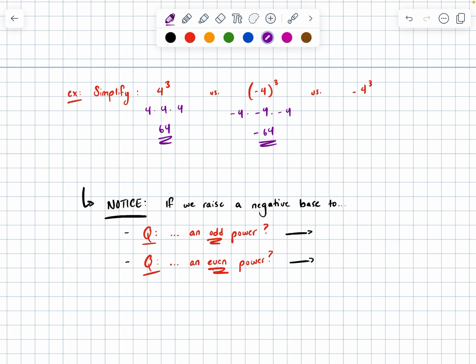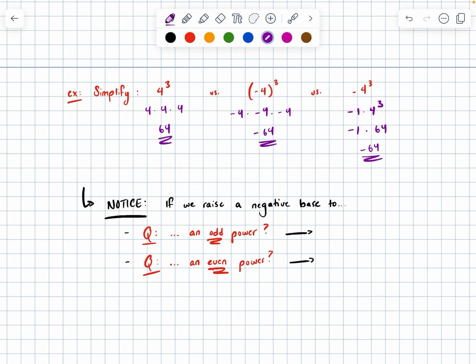And here for negative 4 cubed, again, order of operations problem in disguise. This really means negative 1 times 4 cubed. Well, order of operations tells me that I should simplify the exponent first. So I have 4 cubed, which we found is 64. 64 times negative 1 gives me negative 64. This is, in fact, not a coincidence.